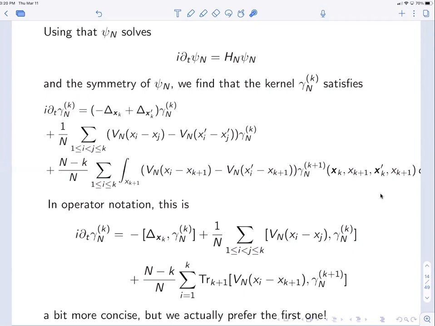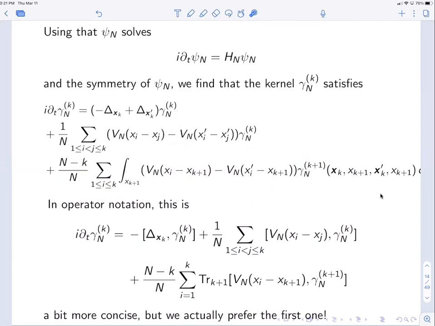If we're thinking the analysis in k is small, and in fact we'll always be using k less than or equal to log N, so much smaller than N, then this coefficient is O(1), but the 1 over N here is small. So this potential term, which just references the gamma_N^(k), has a small coefficient at least, and this term, which actually references the next higher density in the hierarchy, the k plus 1, we call the interaction type term, and it has an O(1) coefficient.